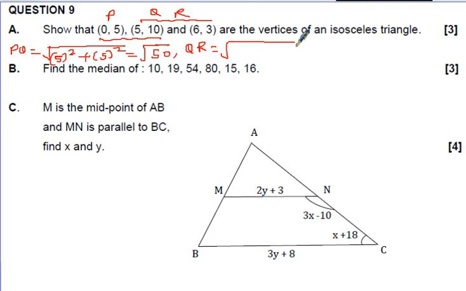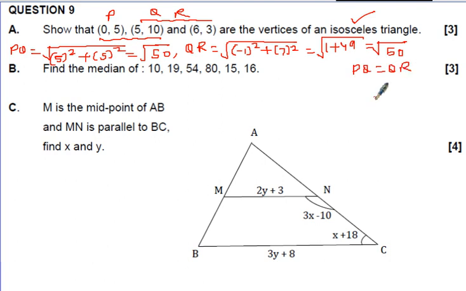QR: x2 minus x1 the whole square, so 5 minus 6 gives you minus 1 square, and 10 minus 3 gives you 7 square. So it comes 1 plus 49, which is 50. Great. I need not solve the third side because I got two sides equal. Therefore it is an isosceles triangle. You can write, since PQ equals QR, which is 5 root 2.